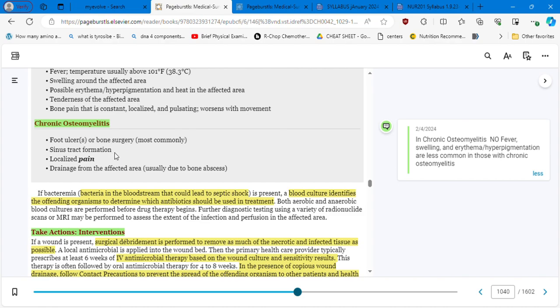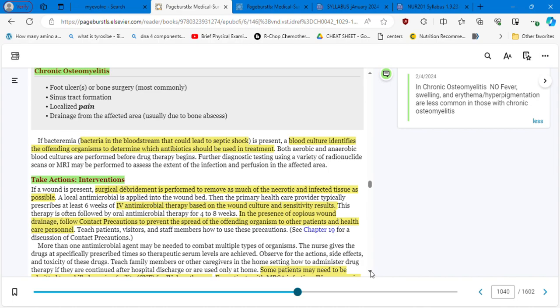Sinus tract formation, which means the bone creates a little pathway to the outside and starts the draining, right? Localized pain, drainage from the affected area, usually due to bone abscess. So this is the chronic.